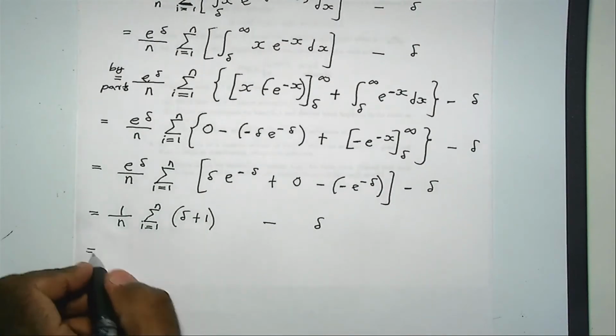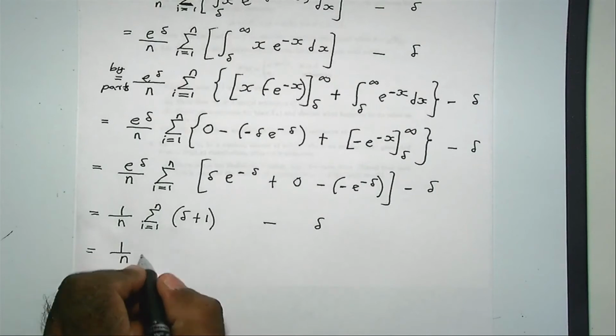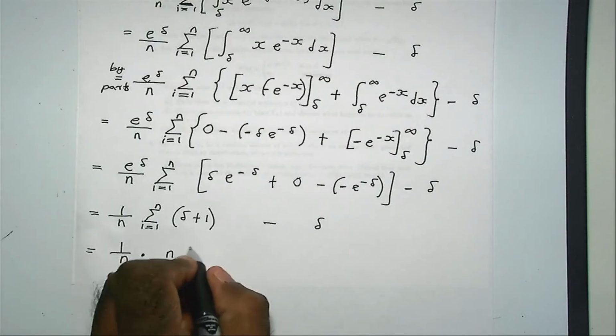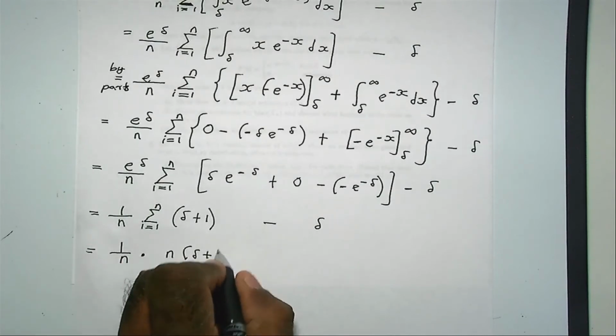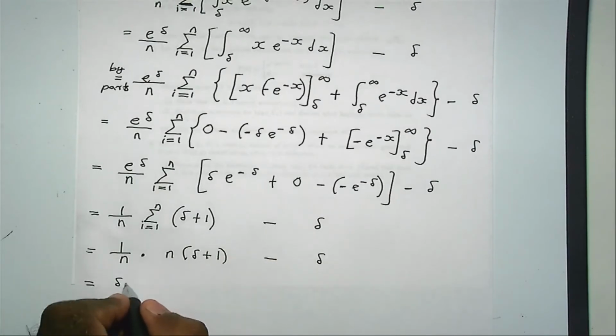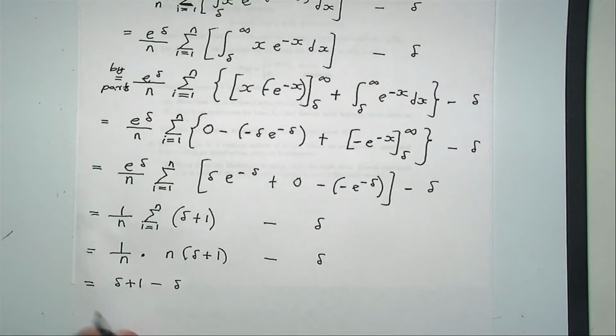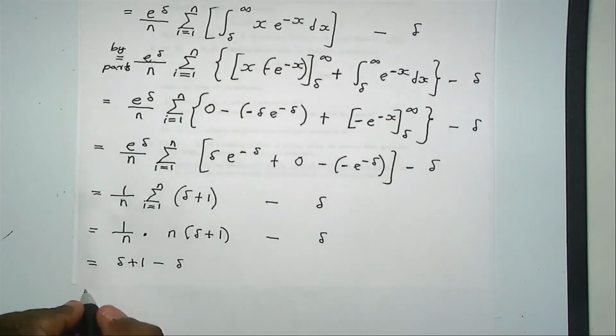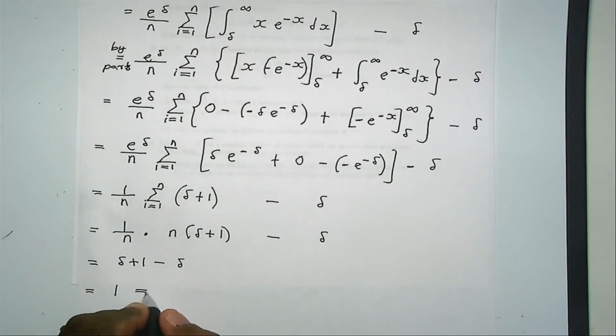Alright, so this is 1 over n times delta plus 1 minus delta, which is equal to 1, which is not equal to 0.